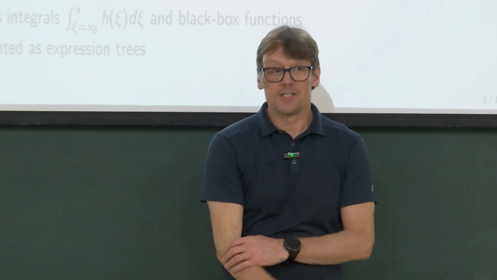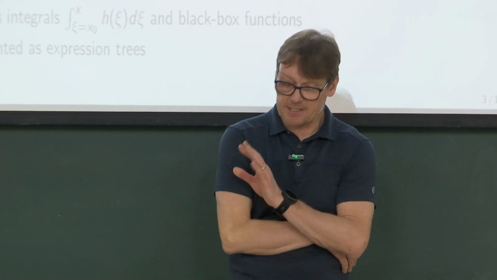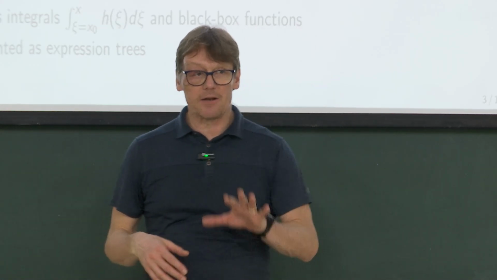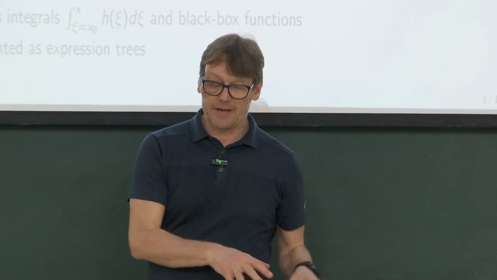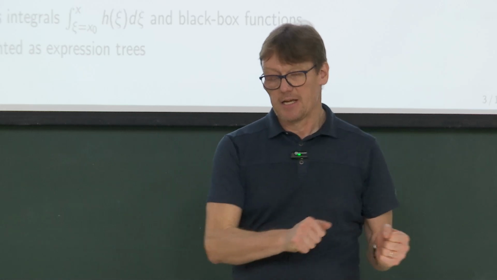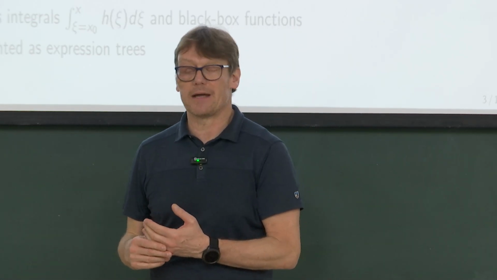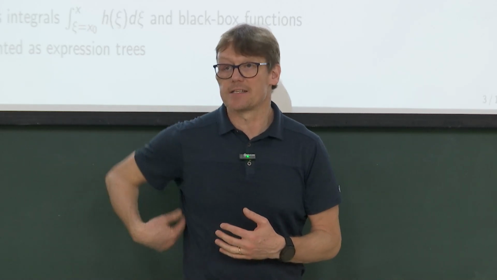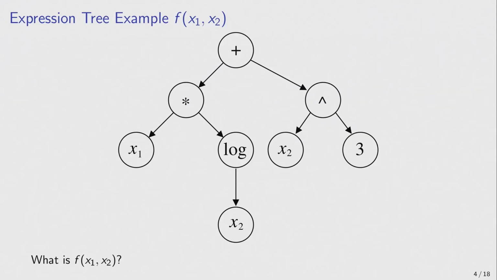Functions of this type can be expressed as an expression tree. This expression tree plays a critical role both in the construction of the underestimators that we're going to construct, but also, it turns out, in automatic differentiation, how you get gradients for these functions. But I'm not going to talk about that here.